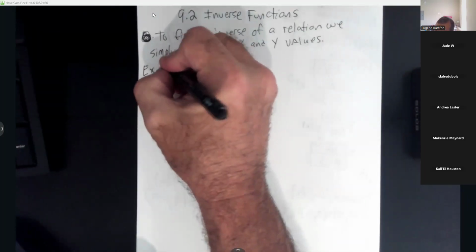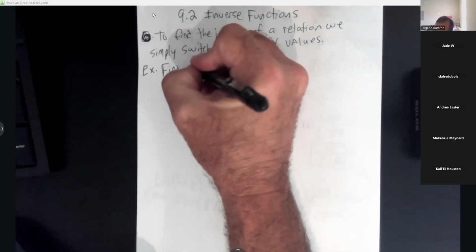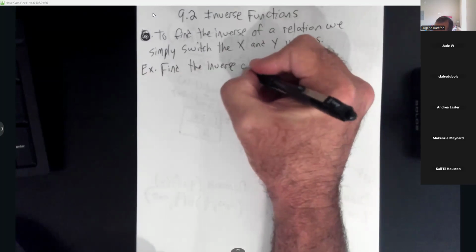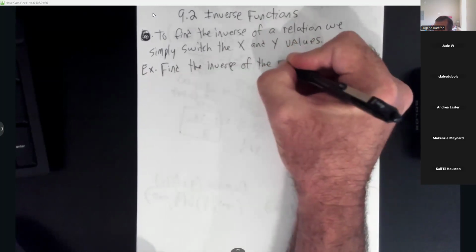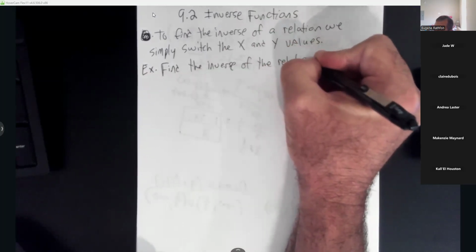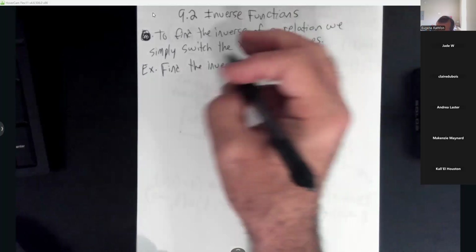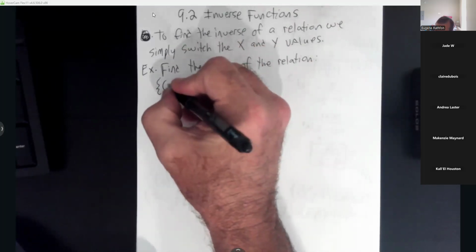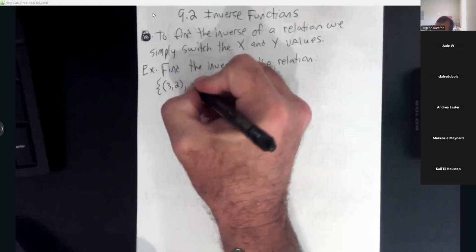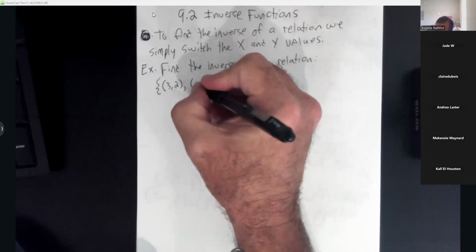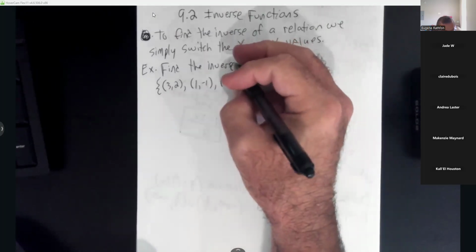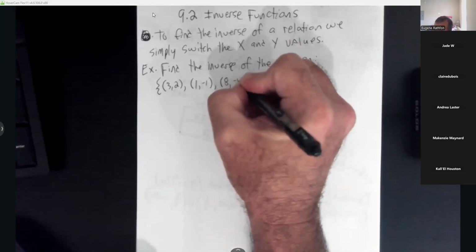So for this first one, we're going to find the inverse of the relation. So the relation they're giving me, my first ordered pair is 3, 2. Then they're giving me 1, -1. Then 8, -4.